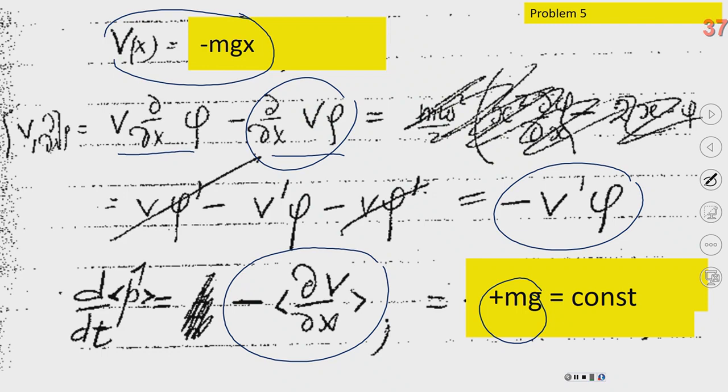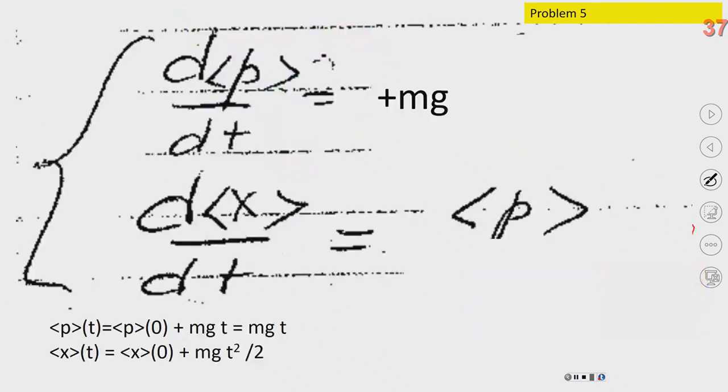So the derivative of momentum is constant, but momentum itself is not. Then it is a set of equations that you solve, and first you solve for momentum and see that it grows linearly, same as when we drop something, it accelerates, or if we put the pedal to the metal. And the position grows as a square of time. So same as in classical mechanics, but the same equations are derived through quantum machinery.